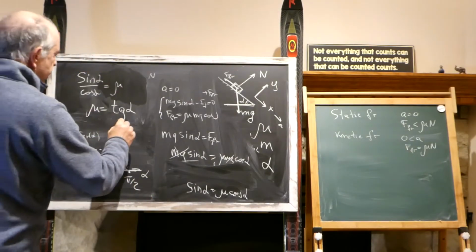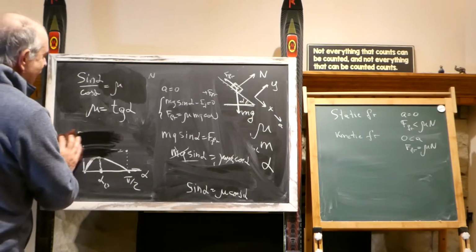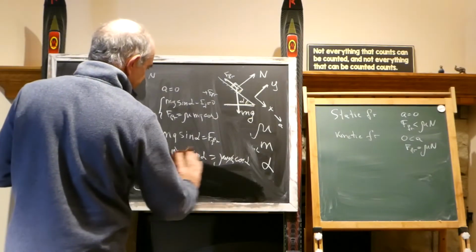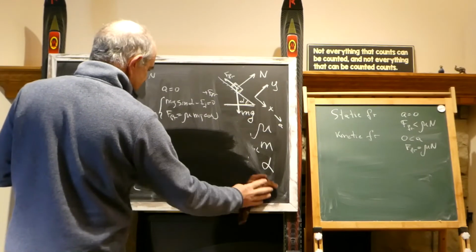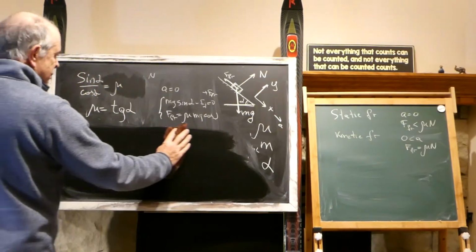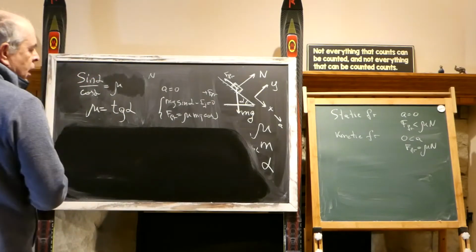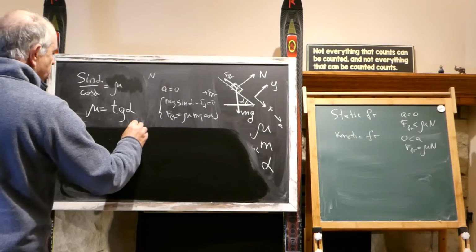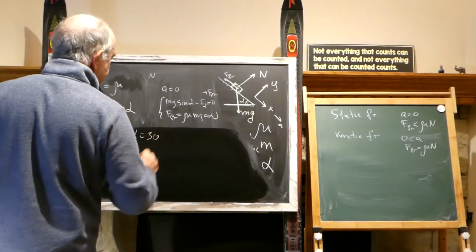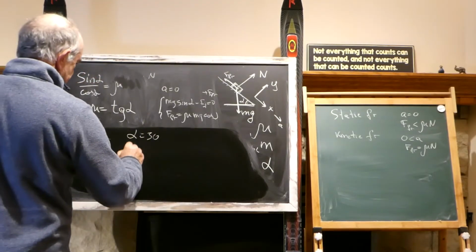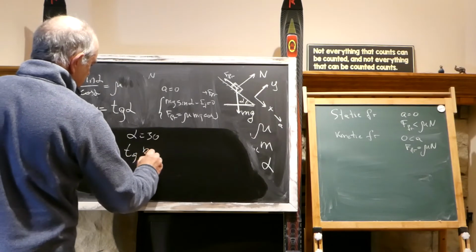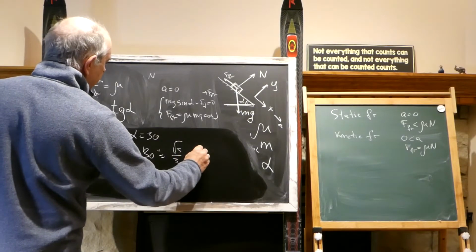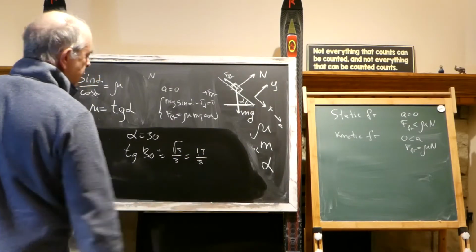You look, and if, for example, it is sand over sand, or snow over snow, you look and you get it. So for example, snow over snow is alpha equals 30 degrees. I know that tangent 30 degrees equals square root of 3 over 3, which is 1.7 divided by 3.